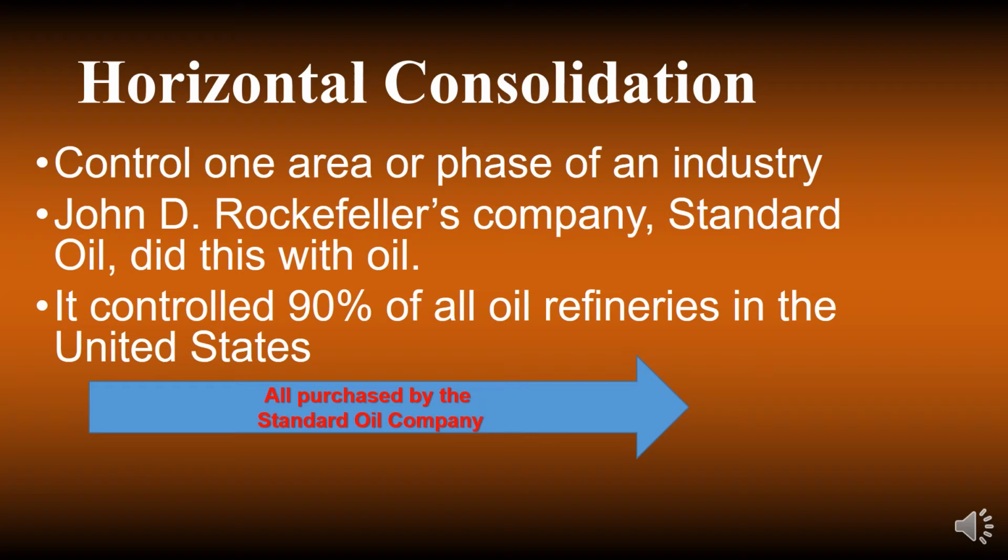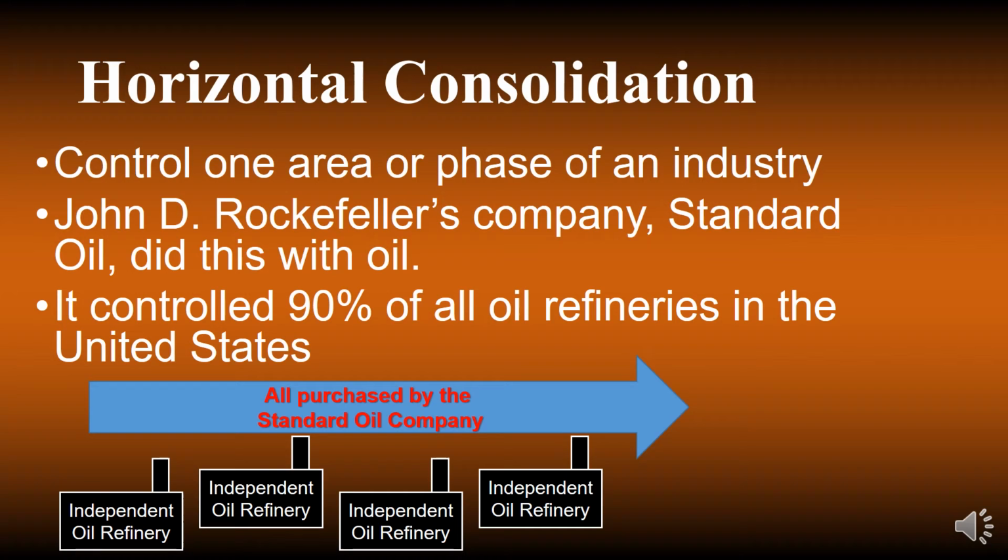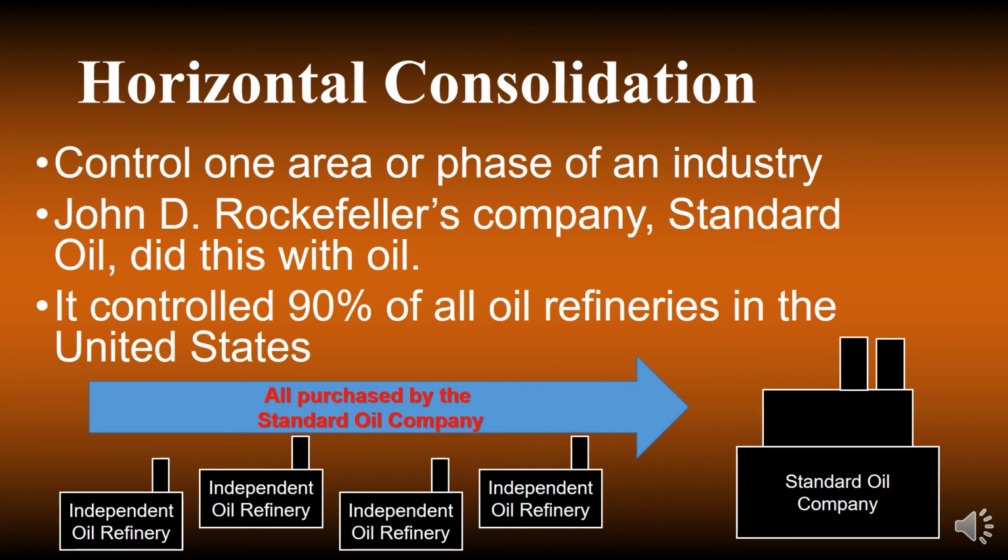And at its highest point, Standard Oil controlled 90% of all refineries in the United States. So notice how the arrow, instead of going up and down, is going from left to right. So they would concentrate on one single aspect of production. For example, oil refineries. They'd look at a bunch of independent oil refineries and buy each one individually. That way they owned all the ones they could get their hands on.